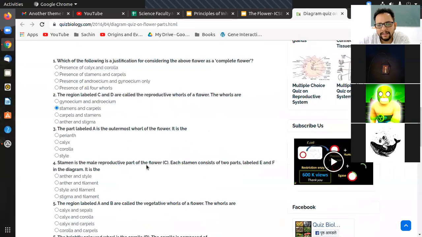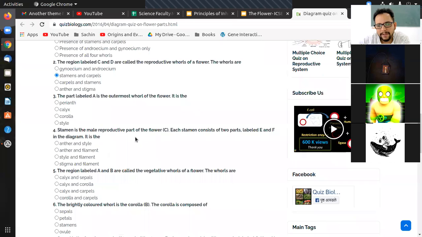E is anther and F is filament. So that is the second option. All the other options would be incorrect. Some people by mistake label it as a style because it's a tubular structure ultimately. But style is not a part of the male reproductive structure, so that would become wrong.